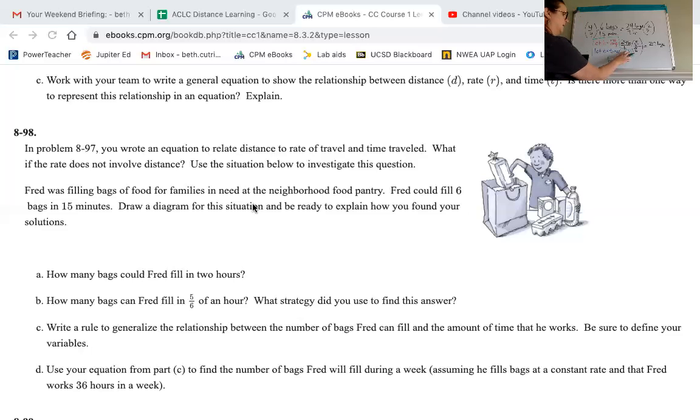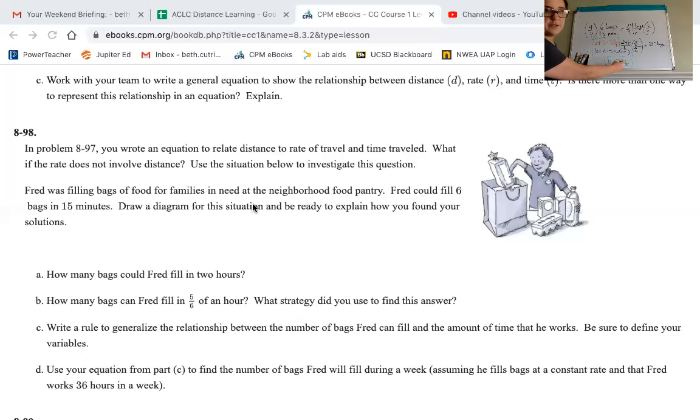My bad. So B equals 24 times time. That's how many bags he can stuff. So it's 1 hour, he can do 24. If it's 2 hours, he can do 48. If it's 3, he can do 72. If it's 4, he can do 96. And so on and so on and so on.